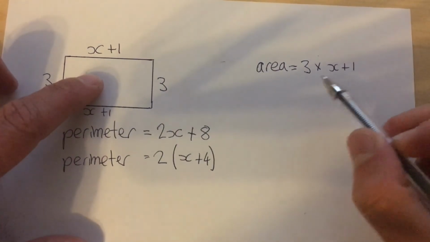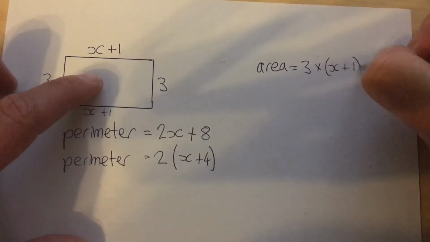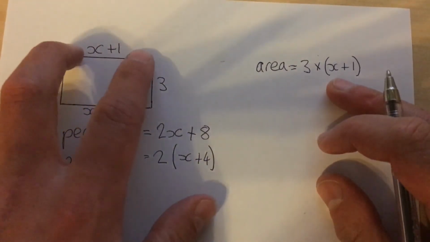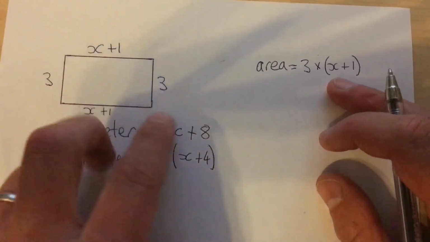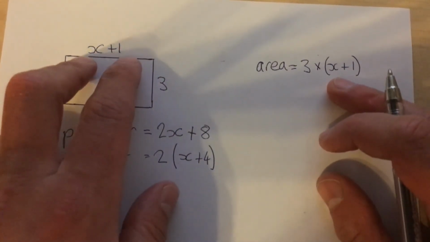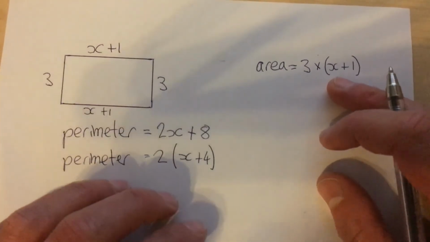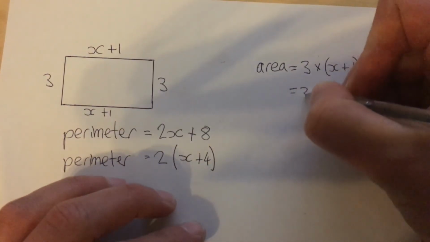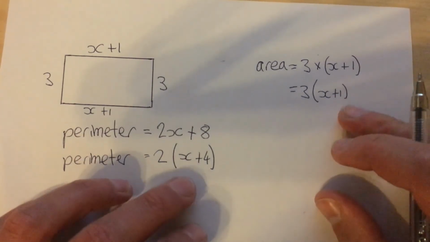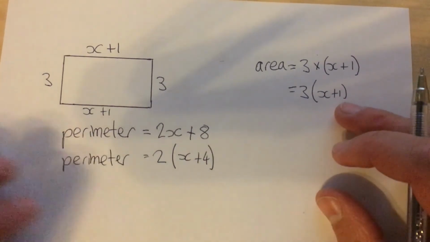But this isn't correct because we have to bracket this here, because it's the whole of x plus 1 multiplied by 3, or 3 multiplied by the whole of x plus 1, whatever that value is. And this is much better written as 3 brackets x plus 1, which is of course more familiar.